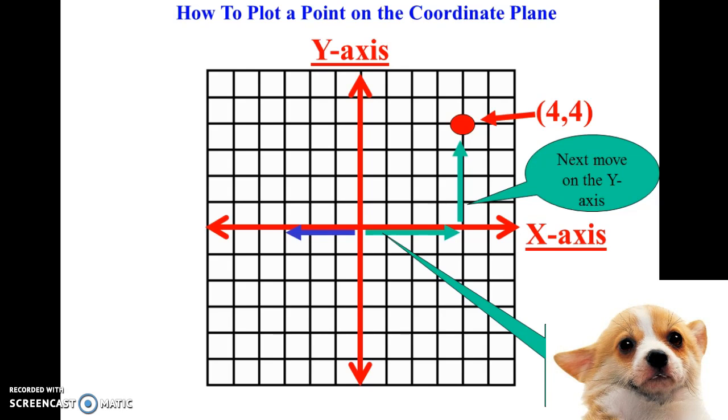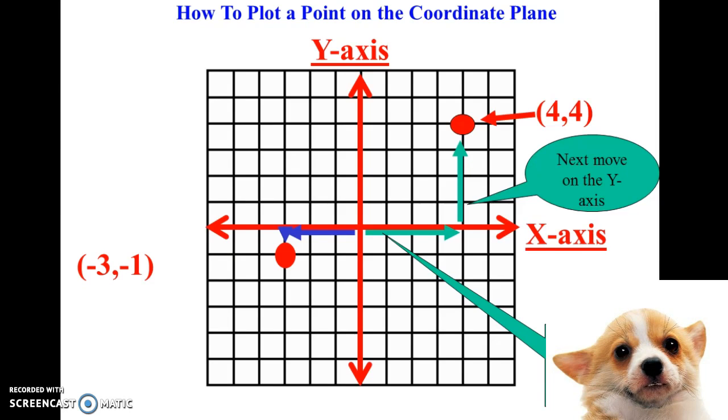I'm going to go to the left, negative, and down -1. Again, always start with your x-axis first. You're going to go left or right, depending on if it's positive or negative. And then you're going to go up or down, depending on if your y is positive, and in this case, negative.